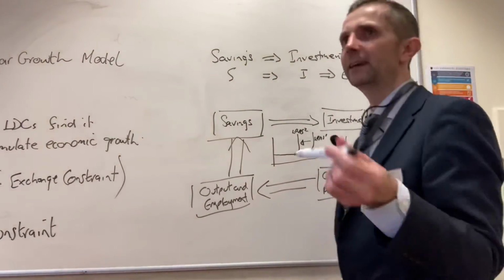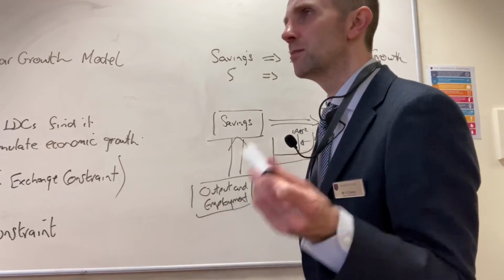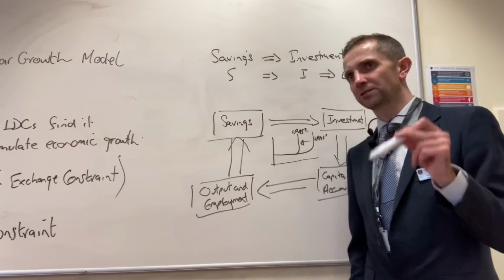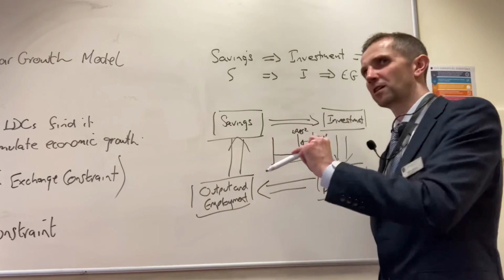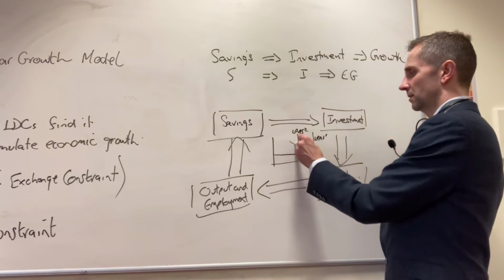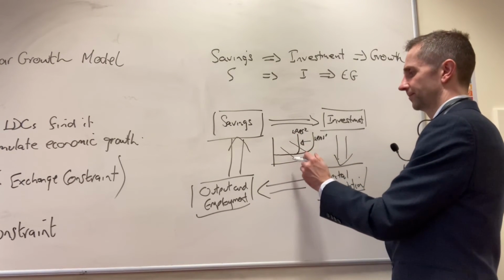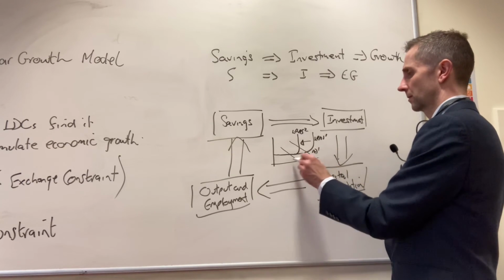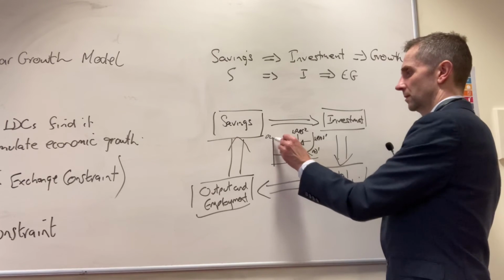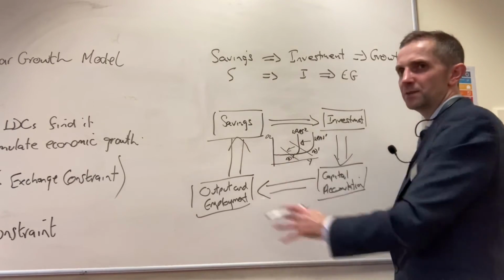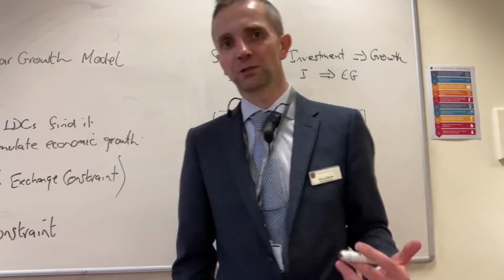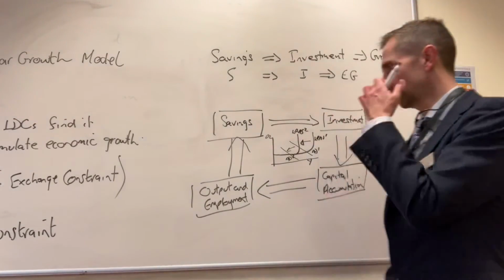So investment, the amount of investment in the economy, is actually going to drop because you're not saving any money, therefore you cannot invest. Oh, okay. Shift to the left. So it's going to go left. So this impacts not only your short-term economic growth, AD, but also your longer-term growth, AS.